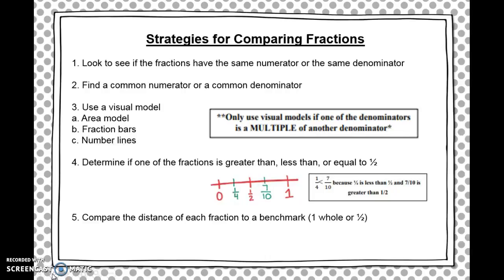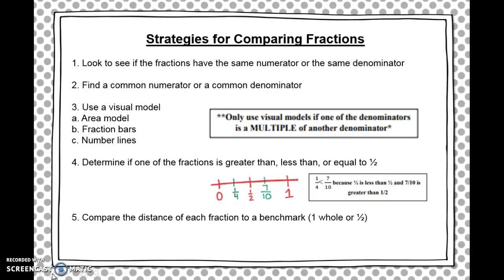On a number line, if you can divide it in half and plot the fractions on the number line, you can tell which one is greater than, less than, or equal to 1/2, and then compare which one of those is greater using a comparison statement. In the example provided, 1/4 is less than 7/10 because 1/4 is less than 1/2 and 7/10 is greater than 1/2.